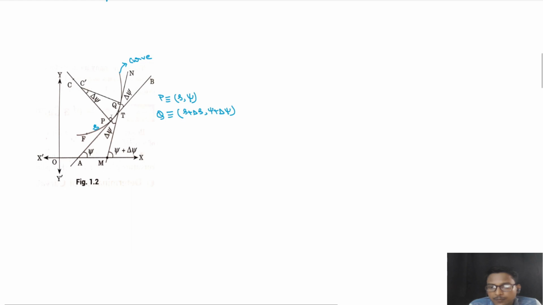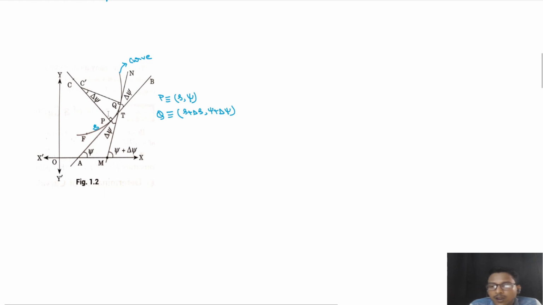That small enough portion PQ of that curve we can think of as a portion of a circle, and we call that circle the circle of curvature and the radius of that circle the radius of curvature.